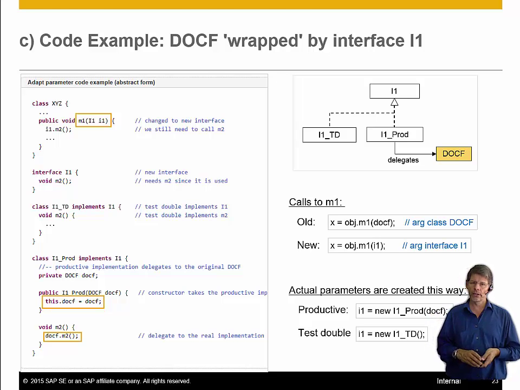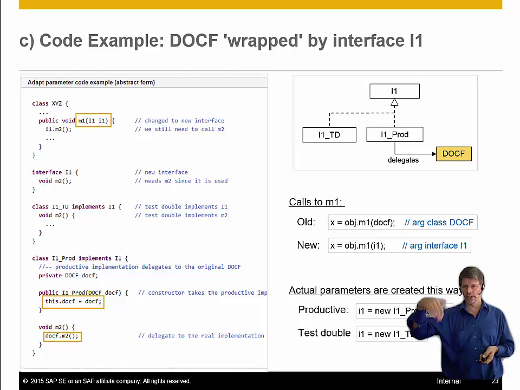And later on, when any method is called from the outside, from the client, and they don't know that anything changed, they are delegated. So you see in the M2 implementation down there, it calls docf.m2. So all the calls from the outside call M2, and then it gets rerouted to docf M2. Only the constructor supplies the real docf. So you have to change the place where normally you would inject the docf, so that this I1 prod is also created and supplied the variable docf.